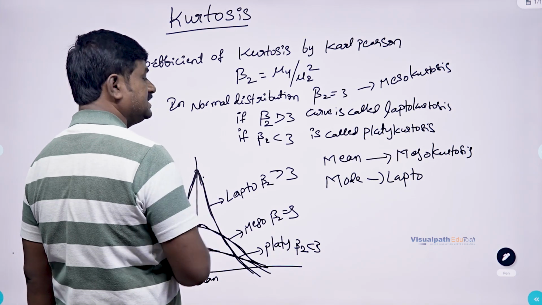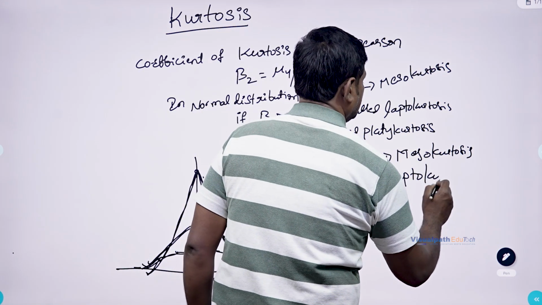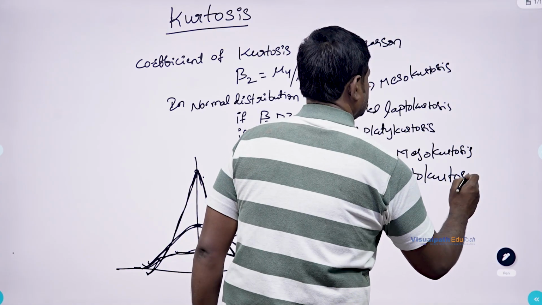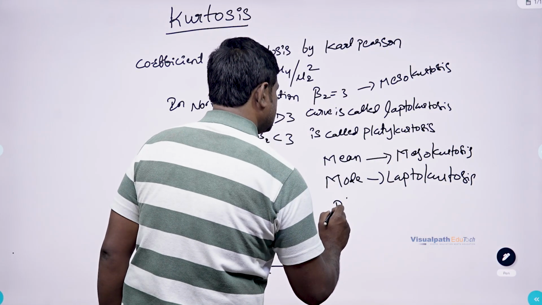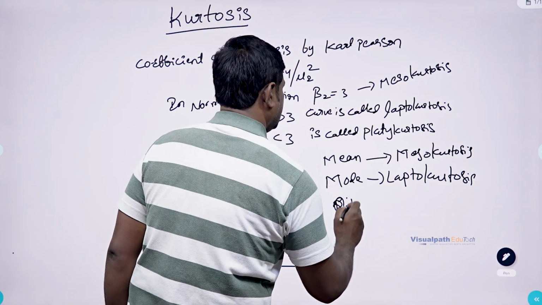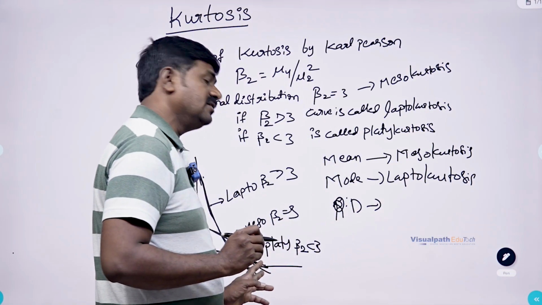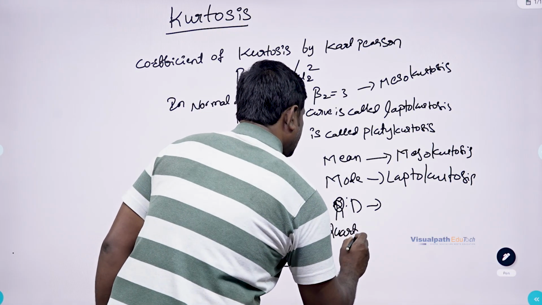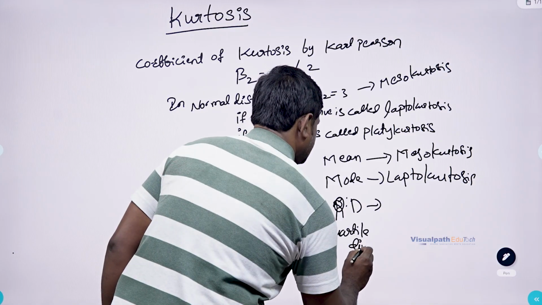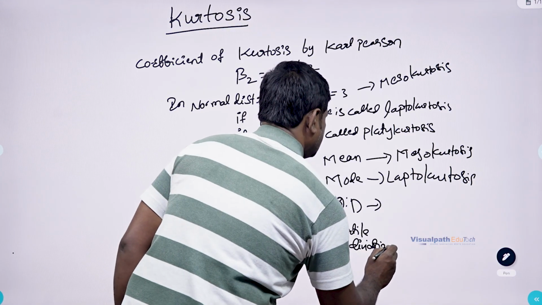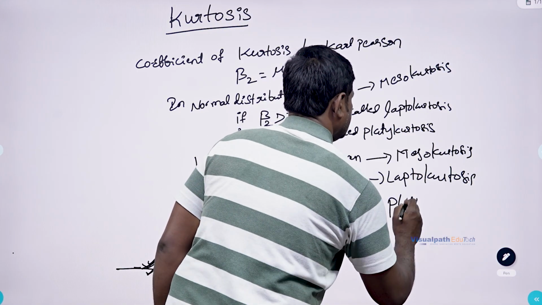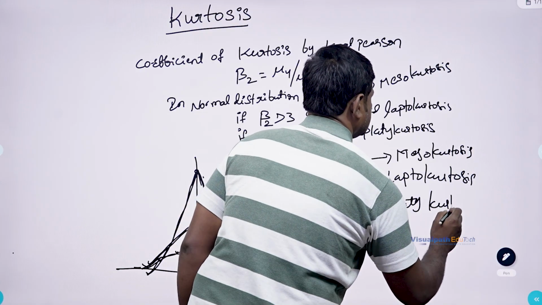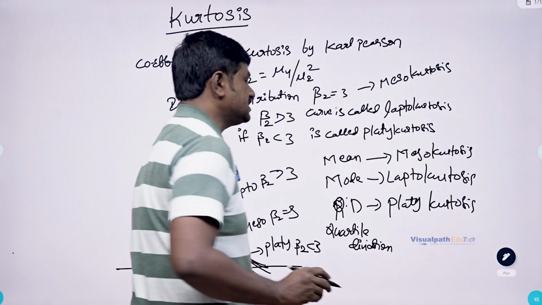Similarly, quartile deviation is the perfect measure for platykurtosis. So this is the concept of kurtosis.